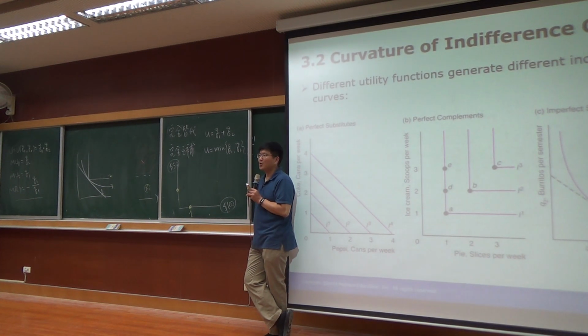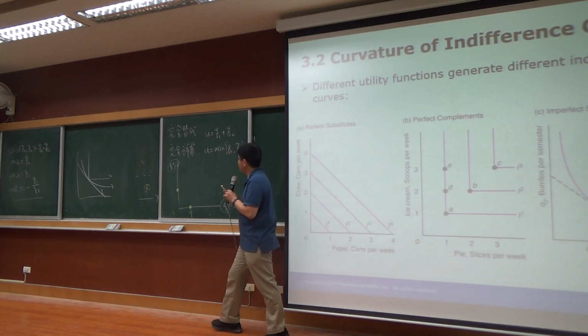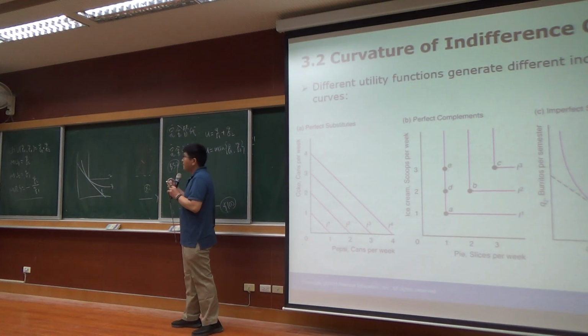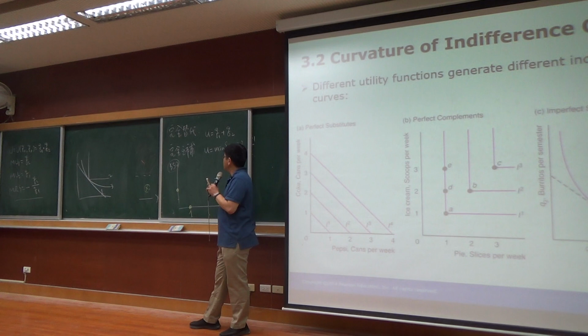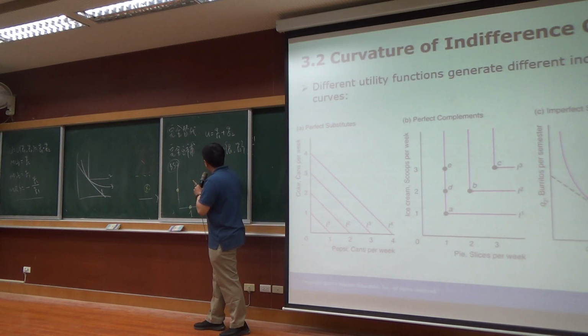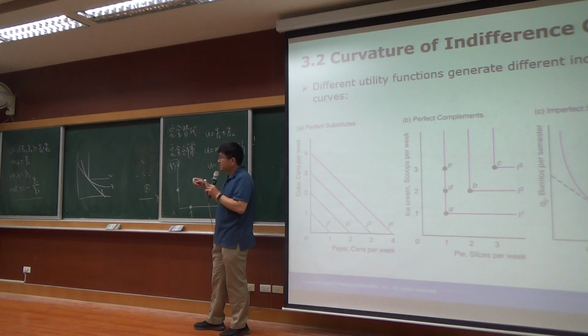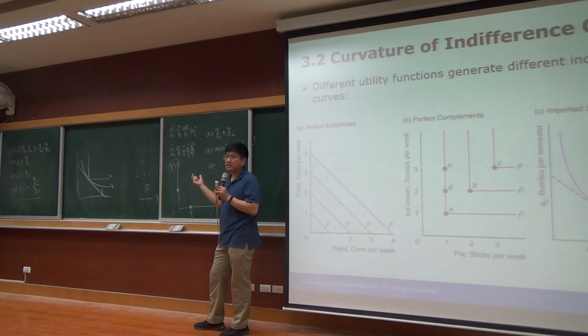Two $50 coins, right? Because the total value of this point would be 100, and the total value of this point would be 100. And in this case, how can you put down the utility function?